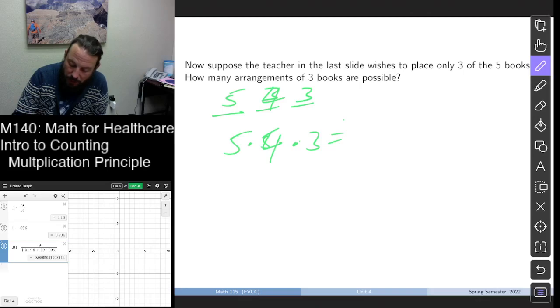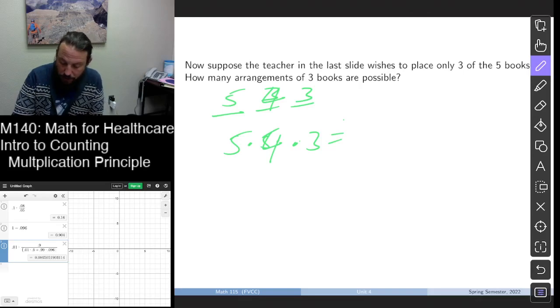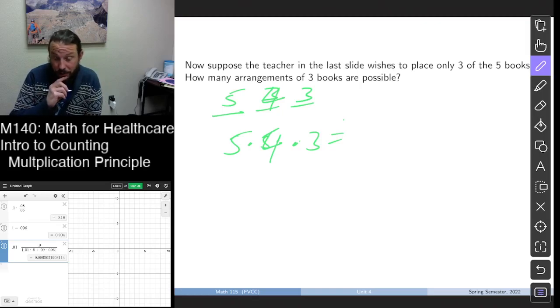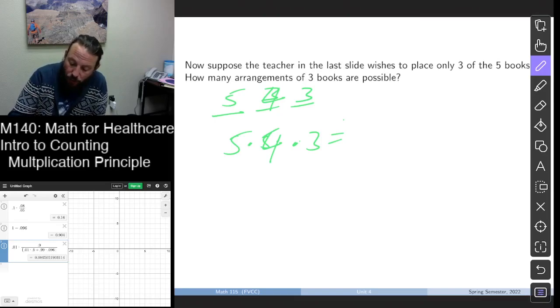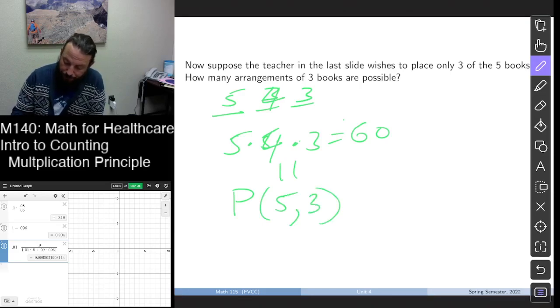Oops, did I miscount? 5 factorial is 120. Sorry, 5 times 4 times 3 is 60, and we also have a special name for this. It's called the permutation of 5 things taken 3 at a time.